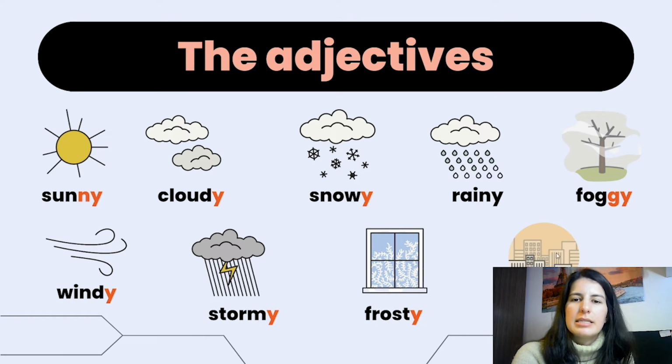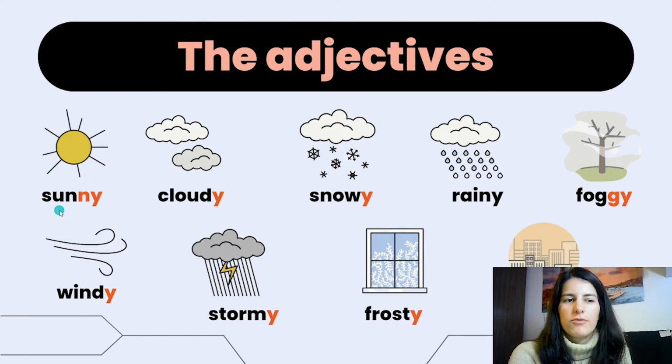As you can see in fog, foggy, and sun, sunny, we added the suffix y and we also doubled the last consonant of the word, and that happens because we have consonant, vowel, consonant. So, CVC on the last syllable of the word.